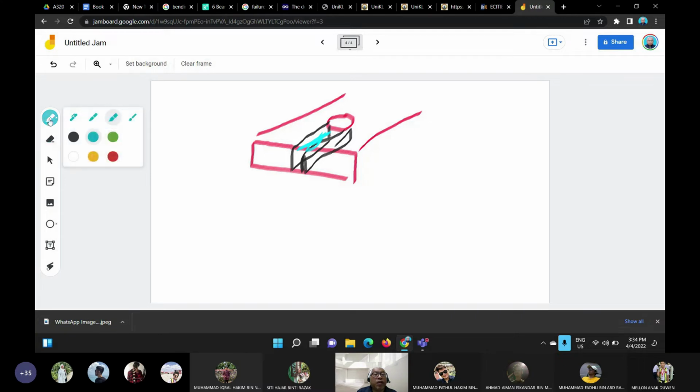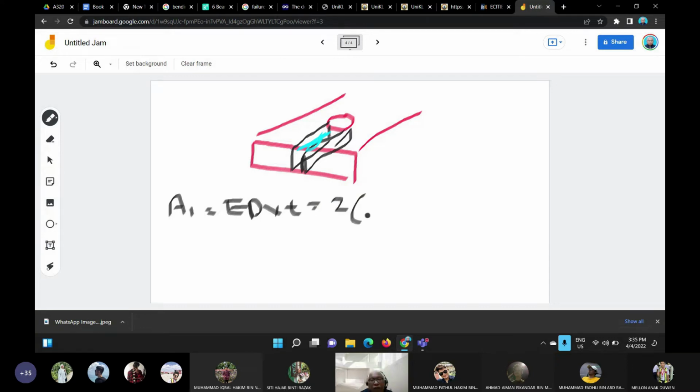So area A will be area 1: edge distance times thickness. Edge distance say 2 times the diameter.